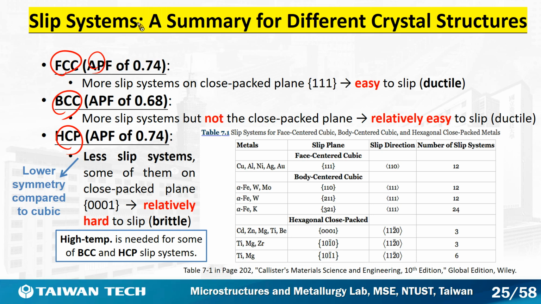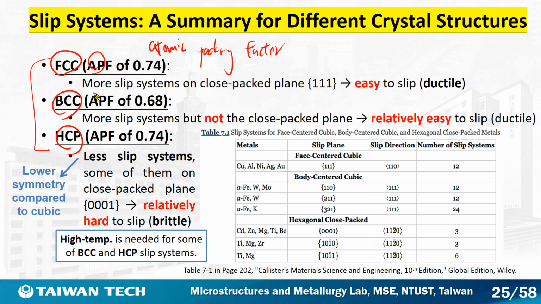APF is atomic packing factor. And you can see here for FCC and HCP, they have the APF of 0.74. This is the highest one for the APF.